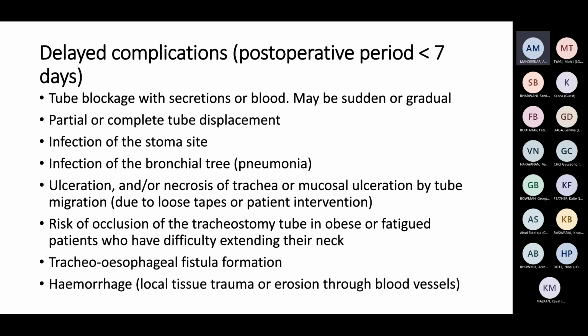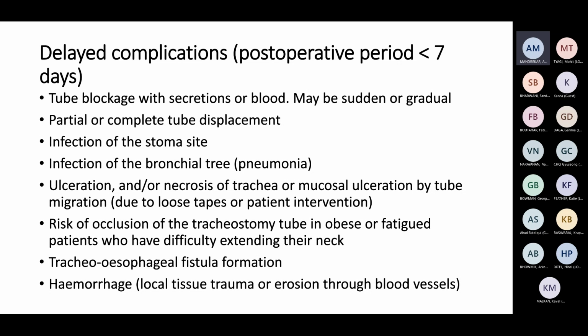Other complications which may happen in less than 7 days include tube displacement as well. Tube blockage can also happen, as well as infection of the stoma or introducing infection to the lungs.